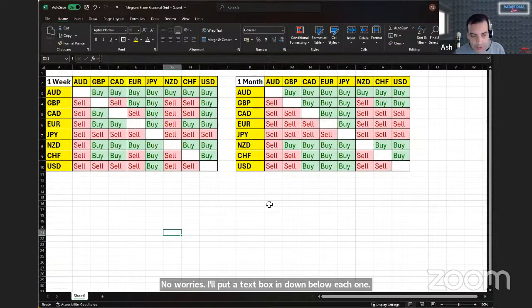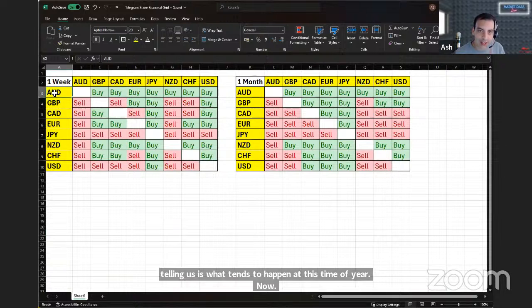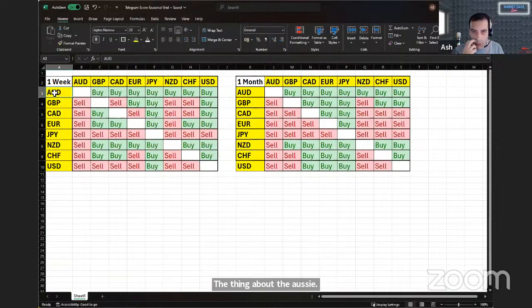So COT data is suggesting something different now. The seasonals are not a timing tool. What they are telling us is what tends to happen at this time of year. Now, the thing about the Aussie is that the Aussie is a growth currency. So when the world is buying stuff and growing, the Aussie will tend to do better because it is a risk-on currency.